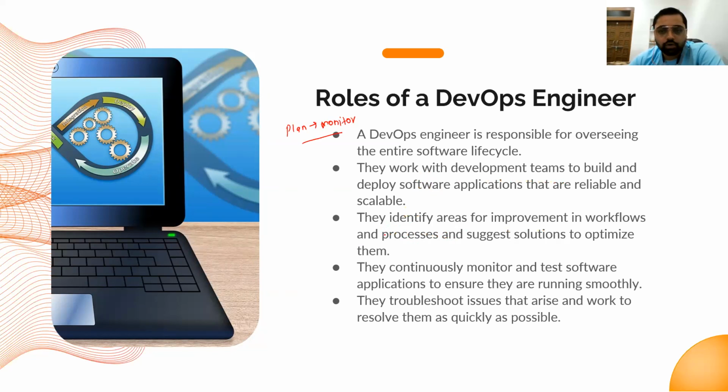These are some roles for a DevOps engineer while working in the IT industry. And they continuously monitor and test software applications to ensure they are running smoothly. They troubleshoot issues that arise and work to resolve them as quickly as possible. Apart from these, we have a lot of roles; these are just the basic roles which I have mentioned.